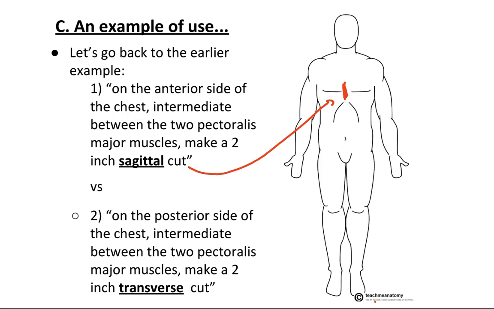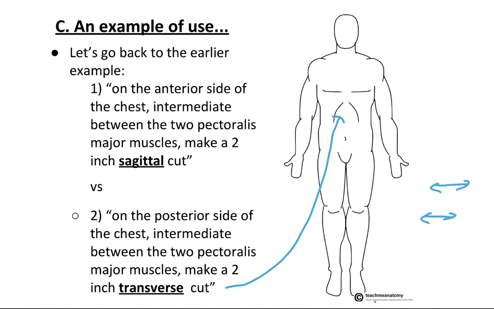However, if I were to do a transverse cut, on the other hand, then transverse, remember, has to go ham-wise like that somewhere. So it's going to cut them between the pecs. I would make a 2-inch cut like that between the pecs, and that would be a transverse cut. Okay? So that's the way it's used in dissections or surgery to help indicate the direction things should be sliced.